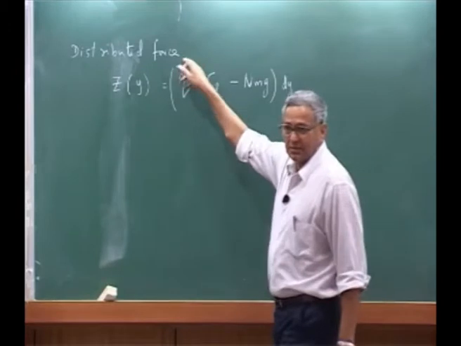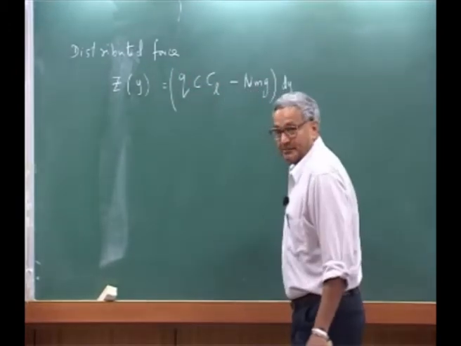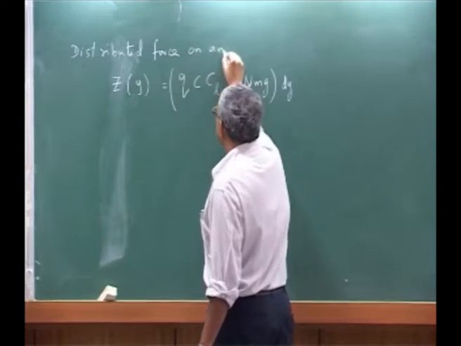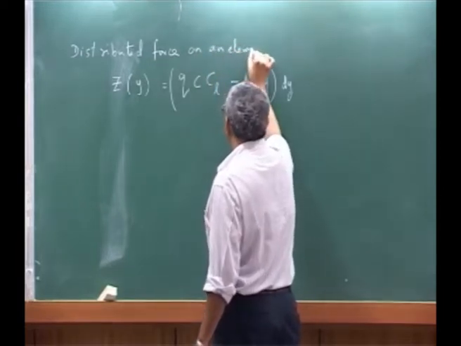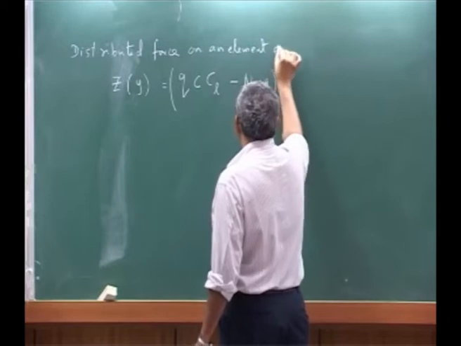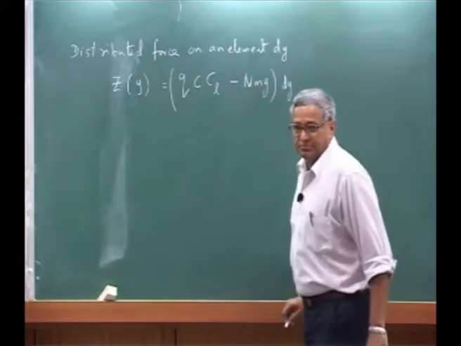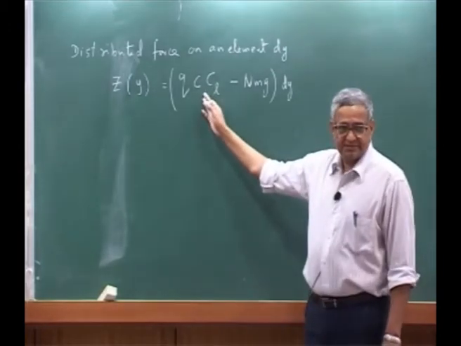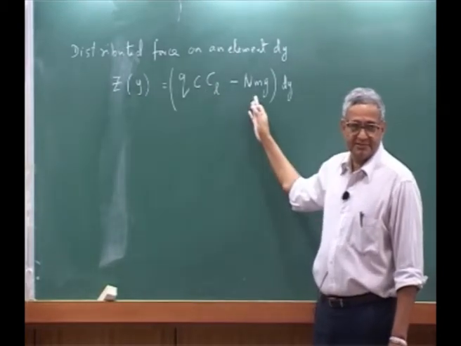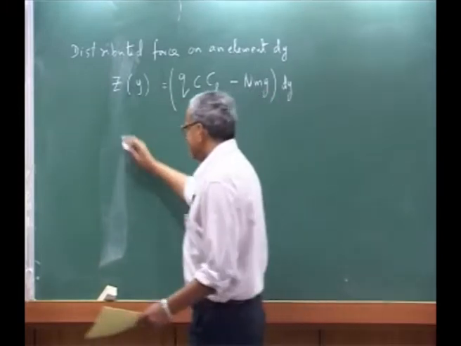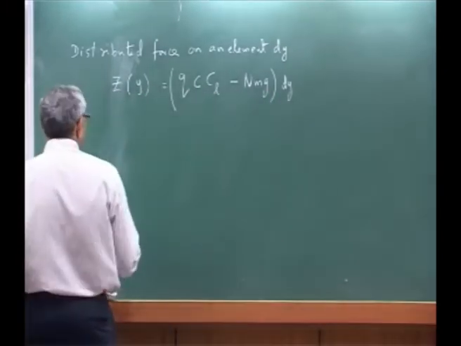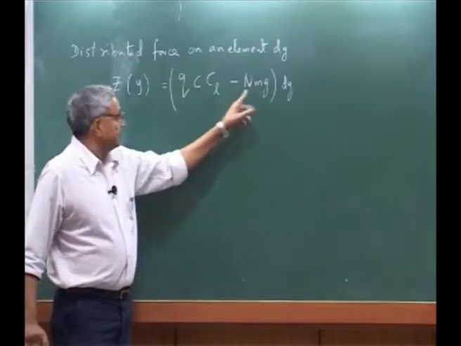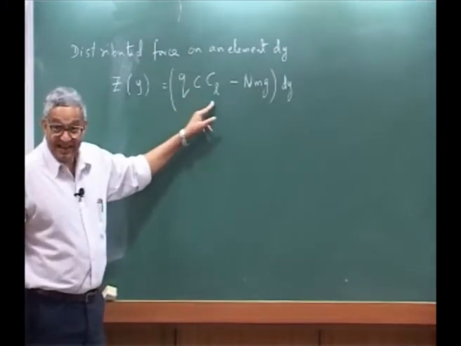Distributed force on an element dy, basically. This is the lift, this is the gravity, and then the distributed moment. But please understand, m is mass per unit length, chord, CL, which we don't know.